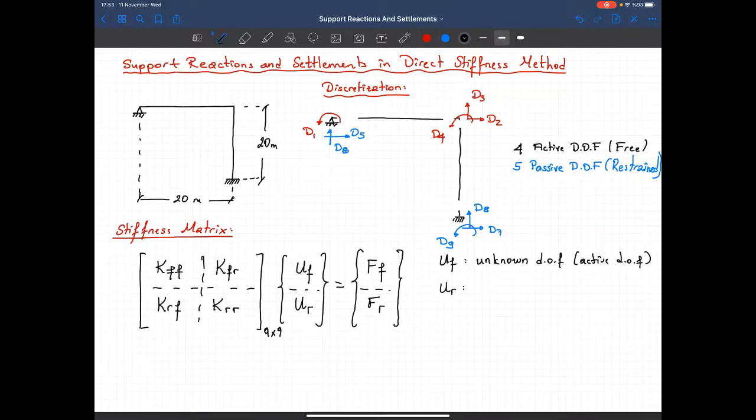UR is the vector of displacements at restrained or passive degrees of freedom.